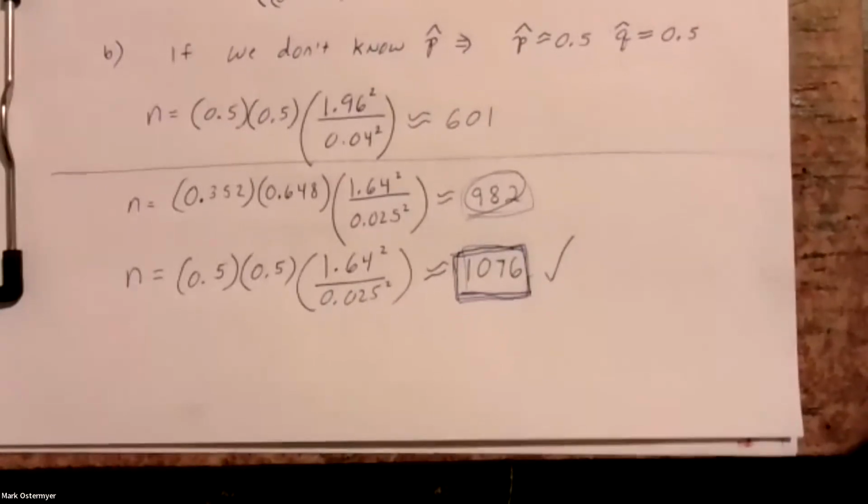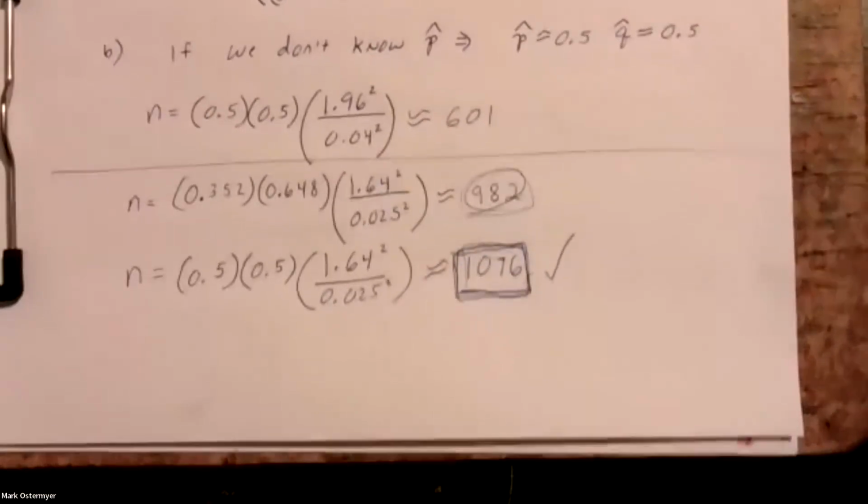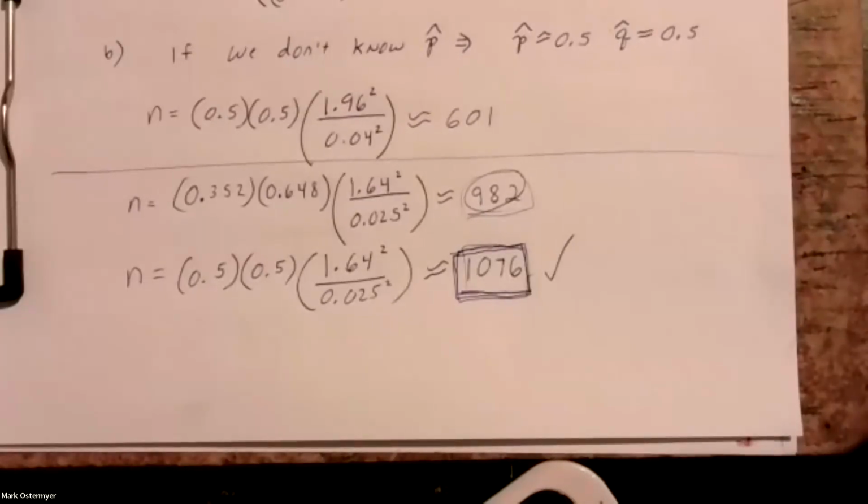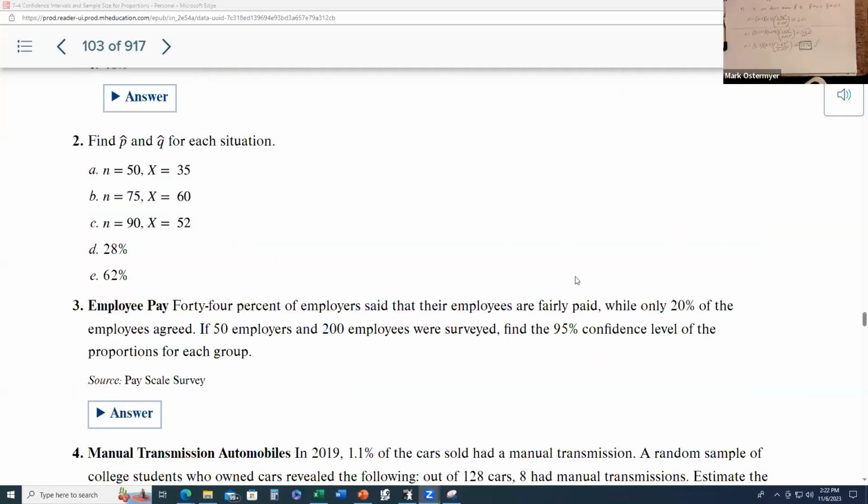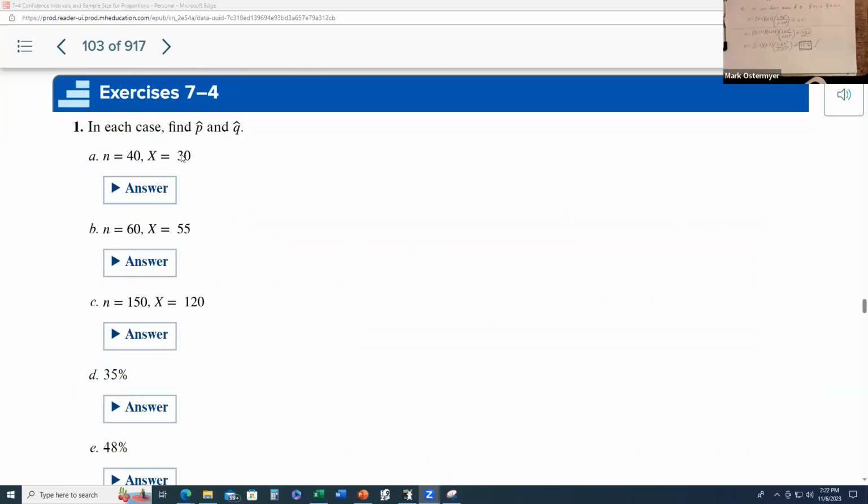I had a question. Yep, go ahead. Could you go back to classwork number one, problem number one? That's this one right here, number one. They just wanted you to find P hat and Q hat. So P hat is nothing more than X divided by the sample size.